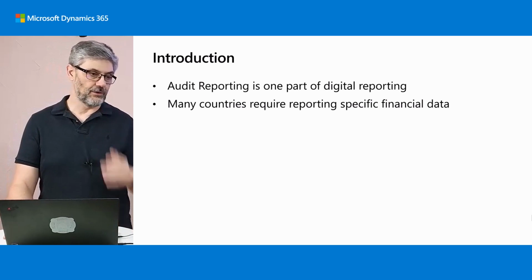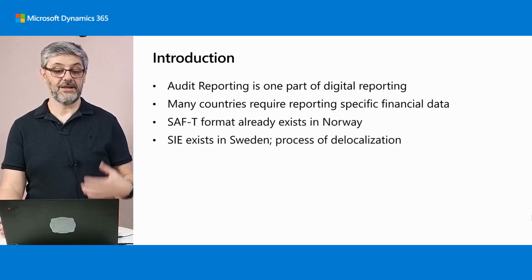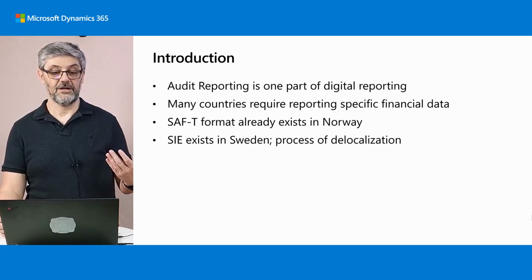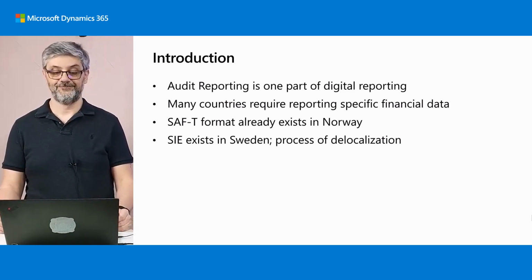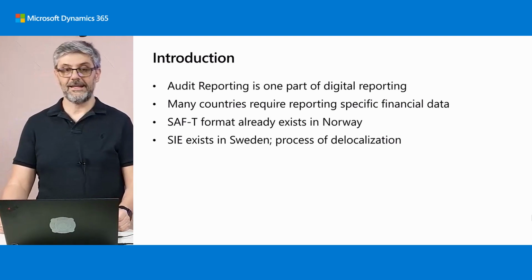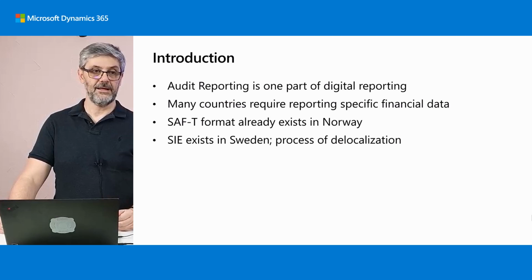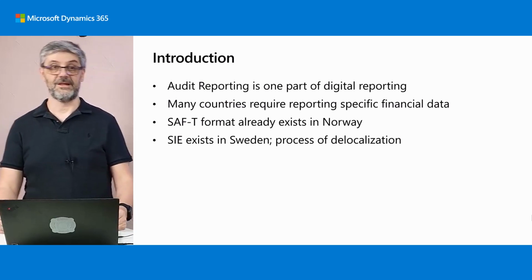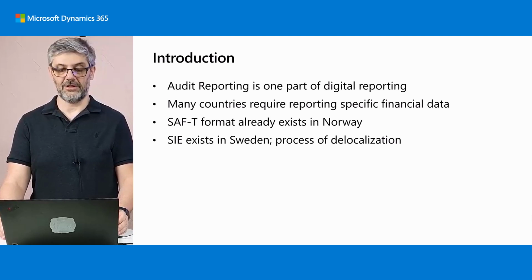What does Business Central already have? Business Central has the SAF-T format, the Standard Audit File for Taxes, and it already exists in Norway as an extension. And we already have, or had, SIE, the standard import and export in Sweden. This is the standard Swedish format, and we had it earlier in the Swedish localization.